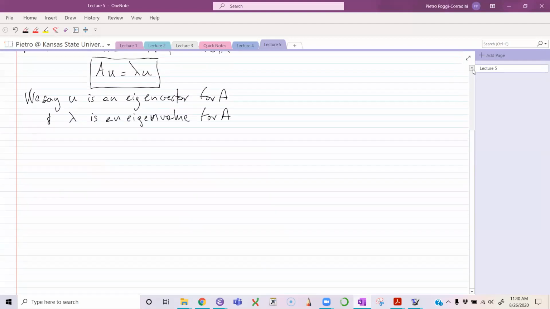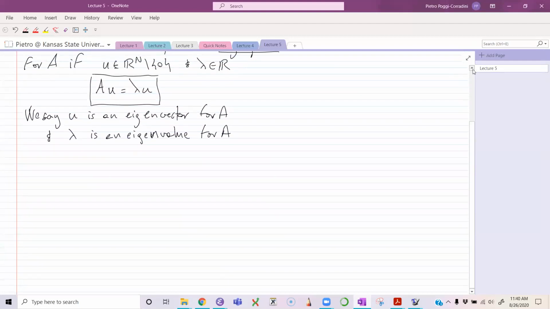Right. So let's recall that basically you can move the right-hand side to the left-hand side and write it like this. And then if you use the identity matrix, lambda times the identity matrix times u, right?